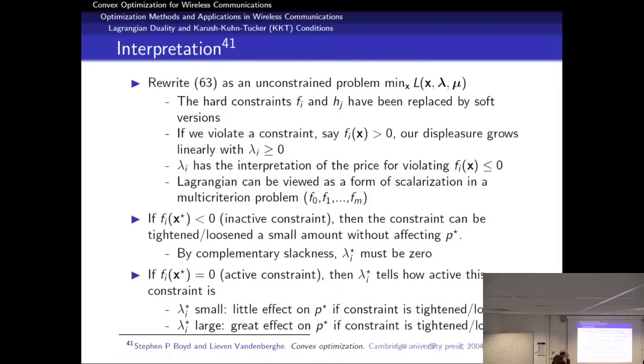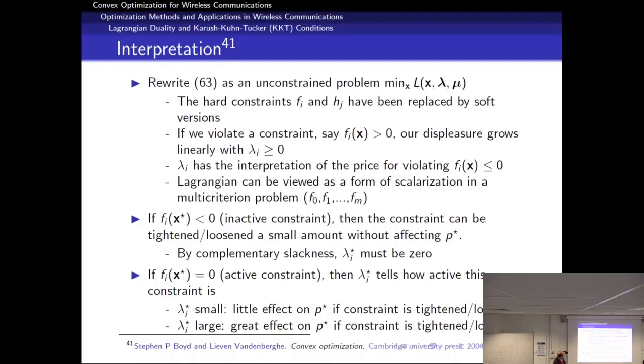Right, so let's try to interpret this a little bit. So we have this Lagrangian function plus those constraints, right? I was saying earlier that Fi and Hj are actually very hard constraints because you really have to satisfy them in the original optimization problem.